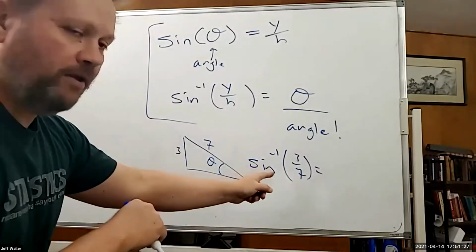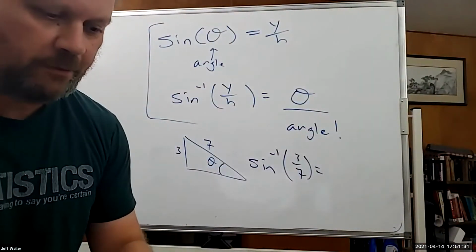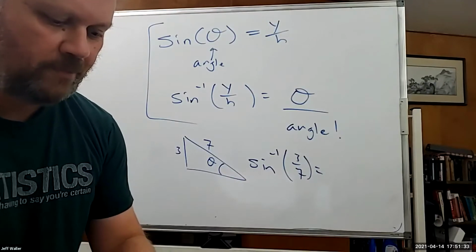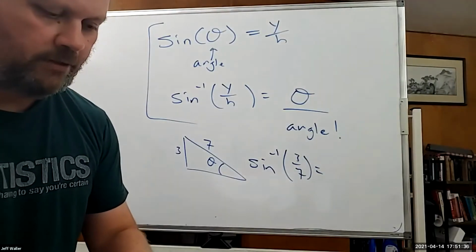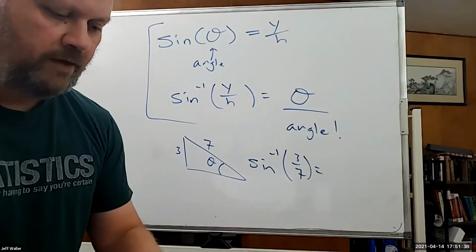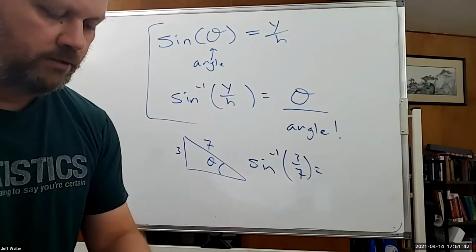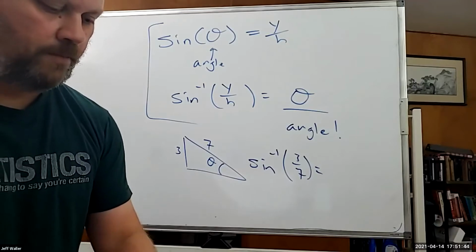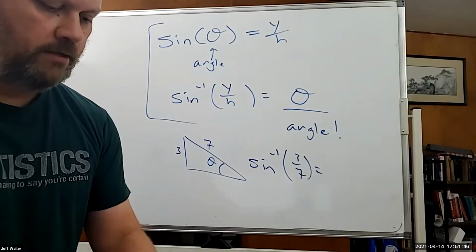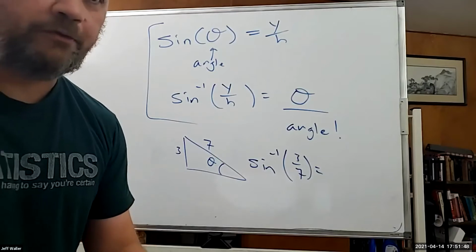Real quick, can anybody do that for me? What do you guys get for that? And again, I might get different answers based on what mode your calculator is in. I think my calculator says 25.4. 25.4, thank you, Jordan. And I would also accept 0.44 radians.